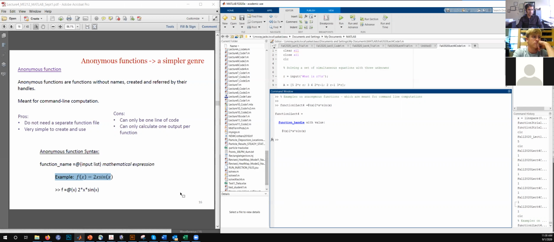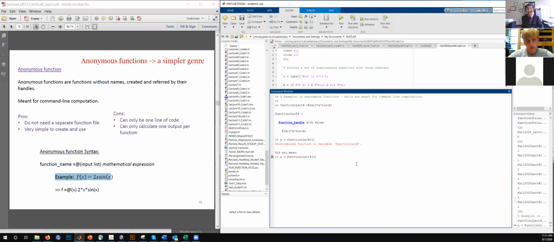So let's call it a, the value that we are going to calculate is function1_lect4. So basically we are trying to calculate f1. So what would be the value of this function if x is 1? So if I press enter, I get an error because I mistyped it, I think. Yeah, I missed a t over there. So it's function1_lect4(1), and the answer is 1.6829.